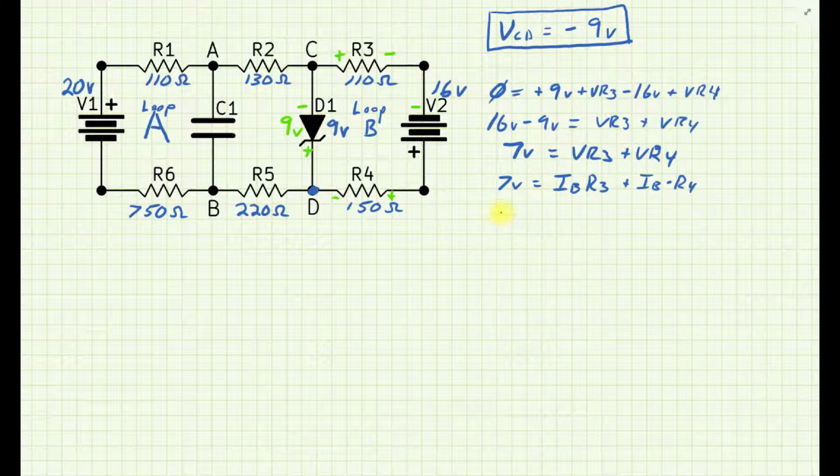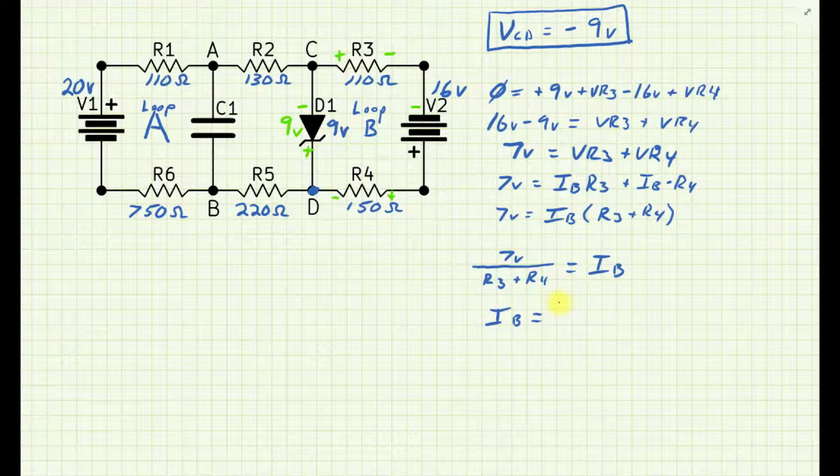Now I can just factor IB out, since it's common to both terms: 7 volts equals IB times the sum of R3 plus R4. Okay, so now I can actually solve this thing. 7 volts over the sum of R3 plus R4 equals that loop B current.